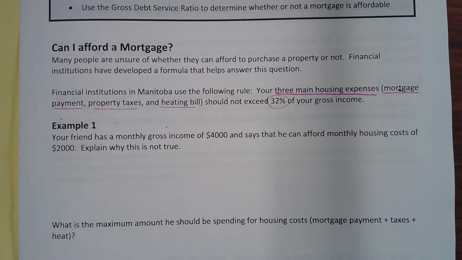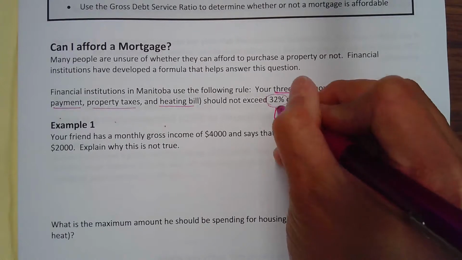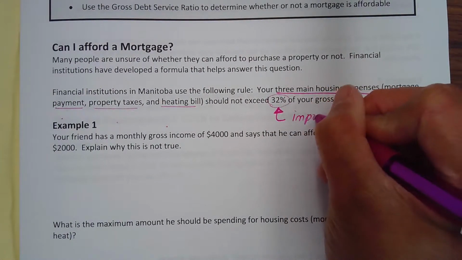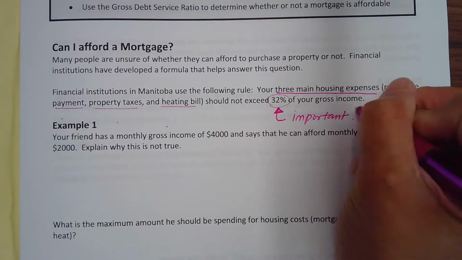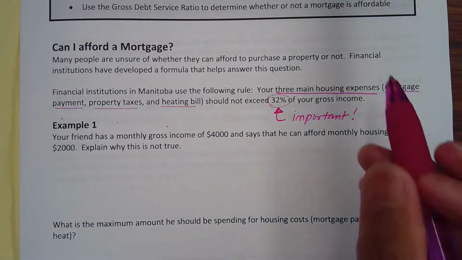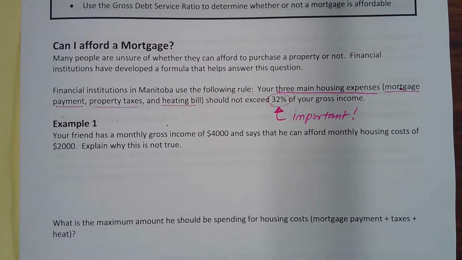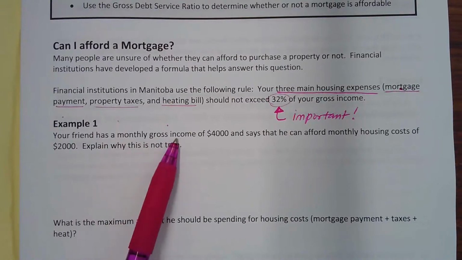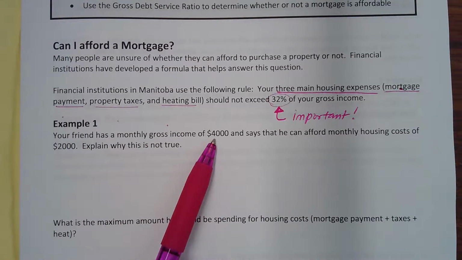It says here, okay, 32%. Make sure, this is important. Now I'm going to take a look at example 1. It says your friend has a monthly gross income of $4,000.